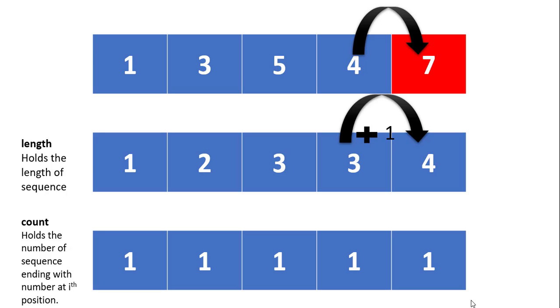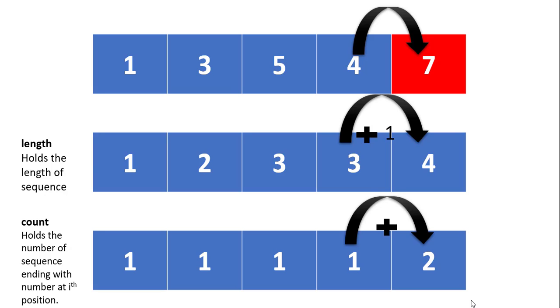Even with the sequence ending with 4, the length will be equal to 4. That means there are two different sequences that are ending with 7 that have the length of 4. So what we do in this case is we add all the sequences that are ending with 4 into 7, because they will in turn create a longer sequence with the help of 4. So we add all the count values of 4 into 7 and that gives us 2.